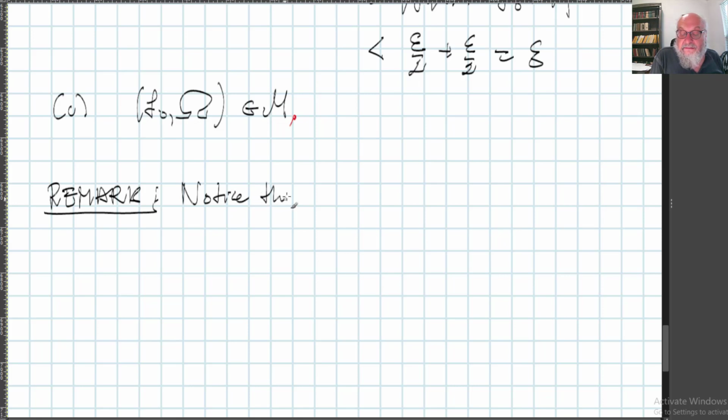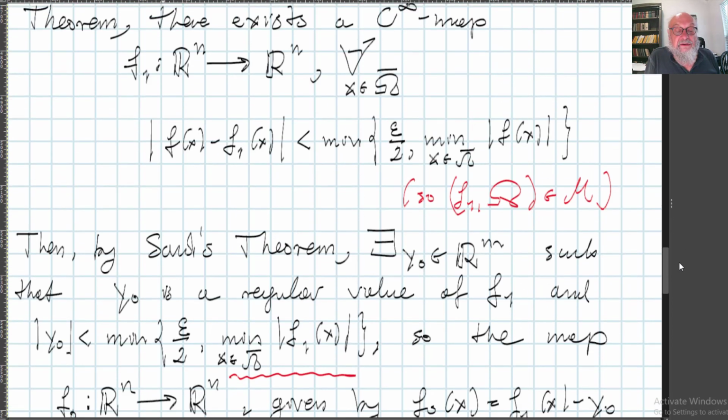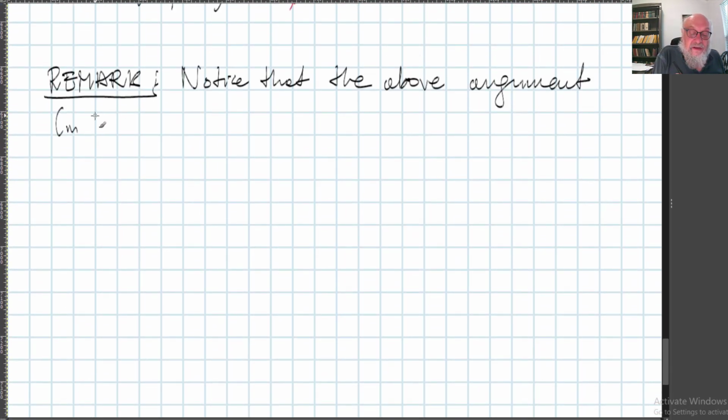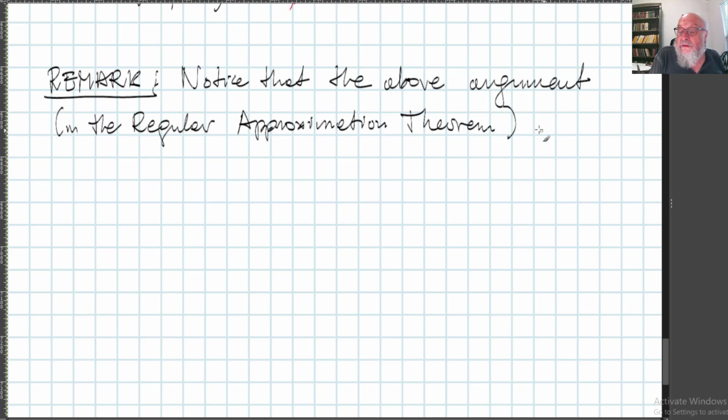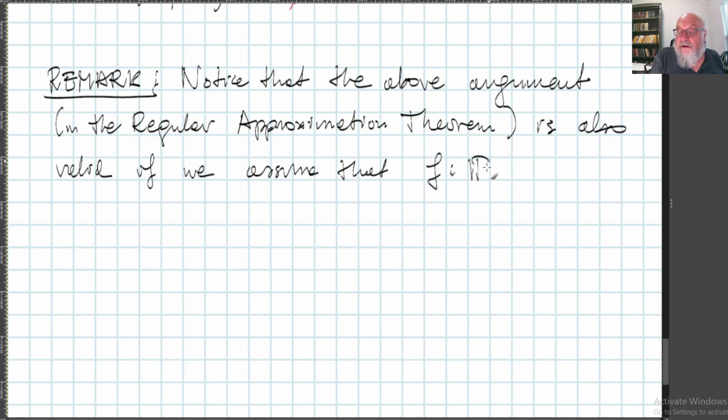Notice that the above argument in the last theorem, in the regular approximation theorem, is also valid if we assume that f is going not from Rn to Rm but from Rn to Rn, and for us maybe it's important to indicate n could be larger or equal to m, and all the statements that we made will still be valid.